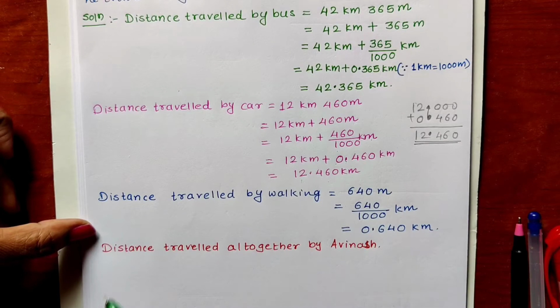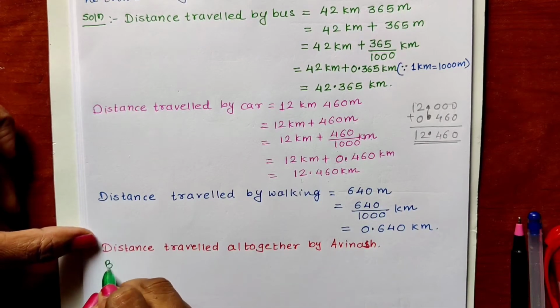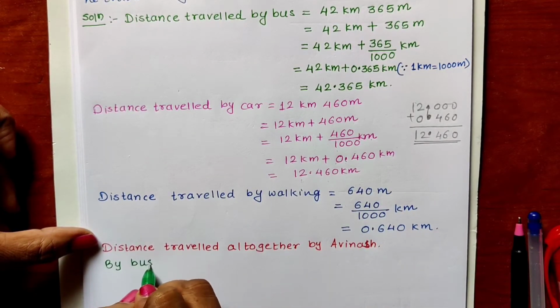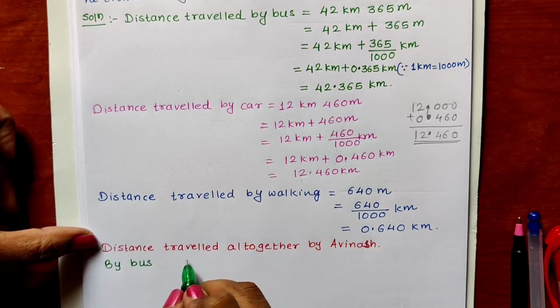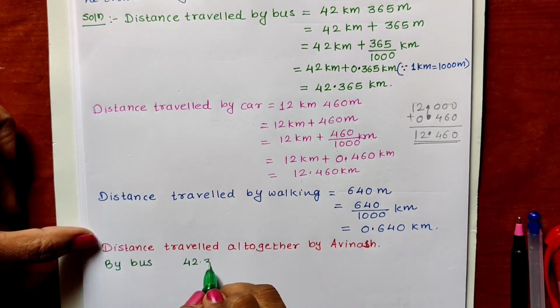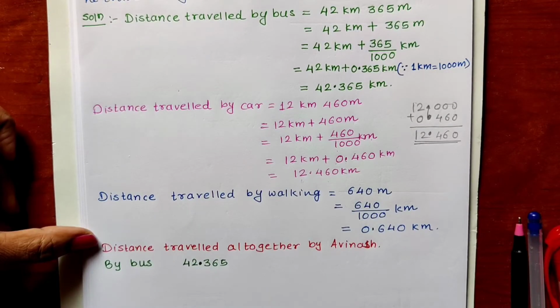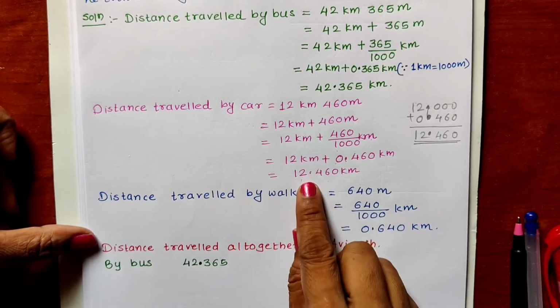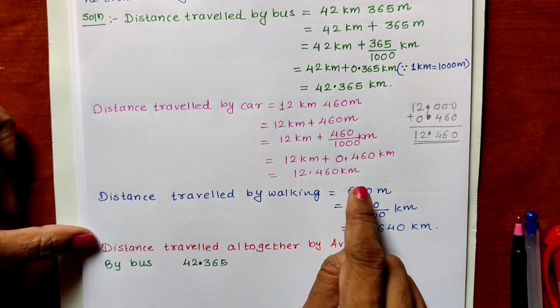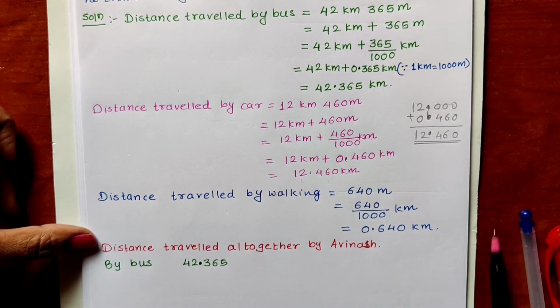First he has traveled a distance by bus. How much has he traveled? 42.365. Here I have written the point. Then the second distance he traveled is by car, 12.460. So I will be writing by car.